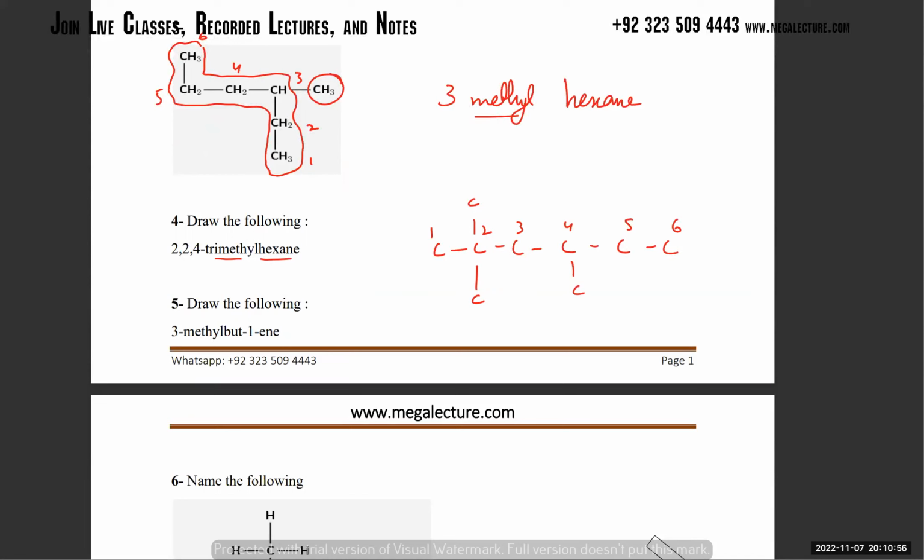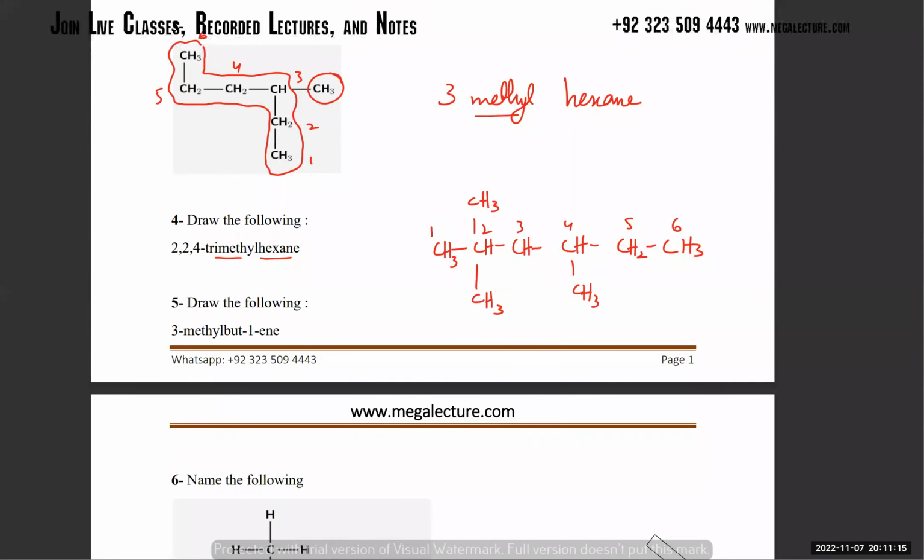And you can add in the hydrogens. There will be 3 H's with this one, 2 H's, 1 H over here, 3 H's over here, 1 H, 3 H's with this one, and 3 H's with this one.